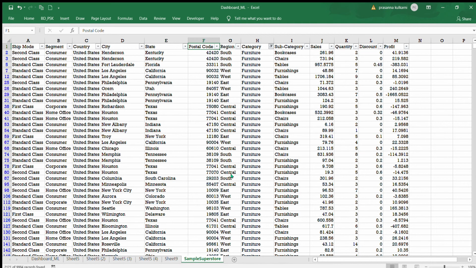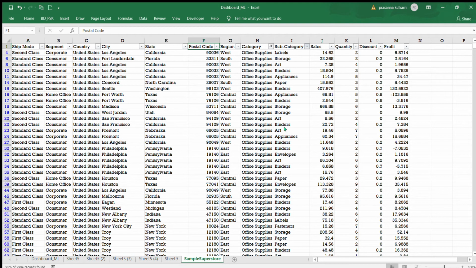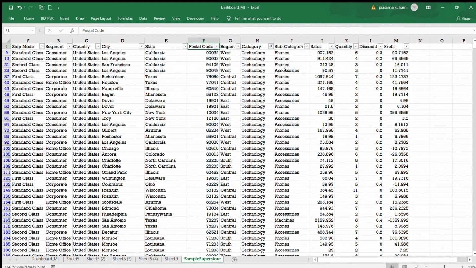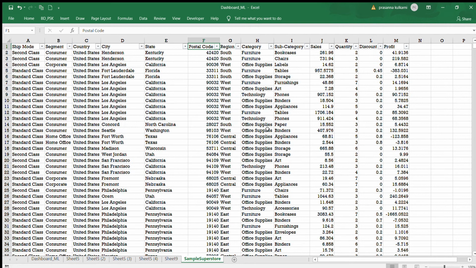If we take office supplies, there are many: appliances, art, binders, envelopes, fasteners, labels, paper, storage, supplies, etc. If we take technology, accessories, copiers, machines, and phones. These are all the offerings given by the superstore, and this is the sales of each category and each subcategory of this dataset from this superstore.